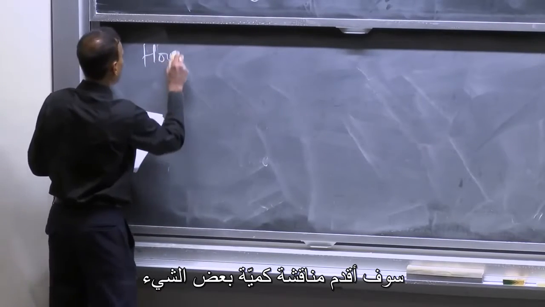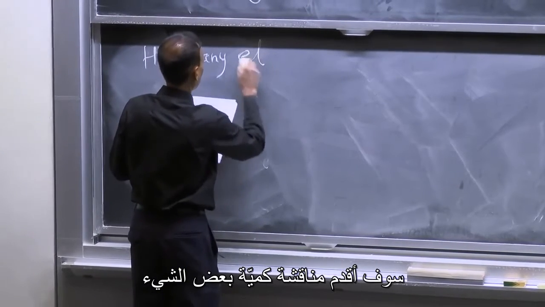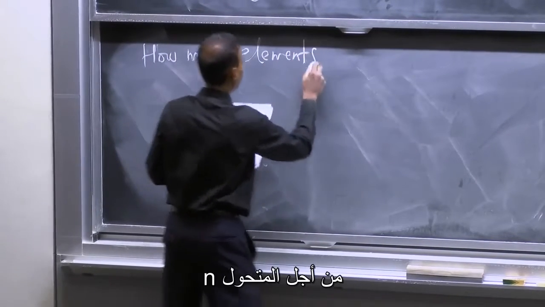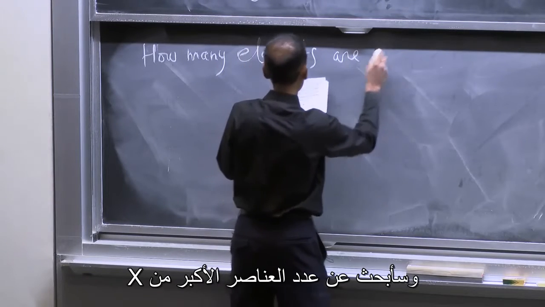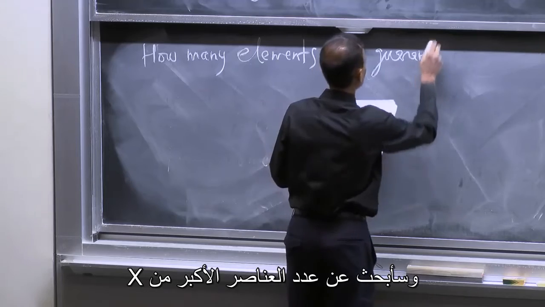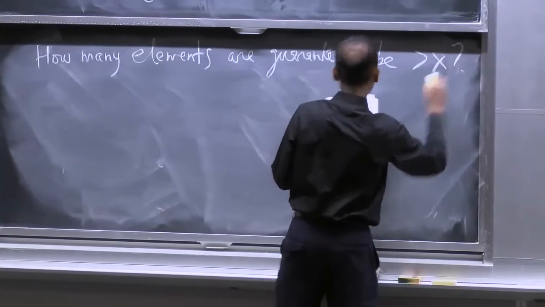So I now want to make a more quantitative argument, with the variable being n, as to how many elements are guaranteed to be greater than x.